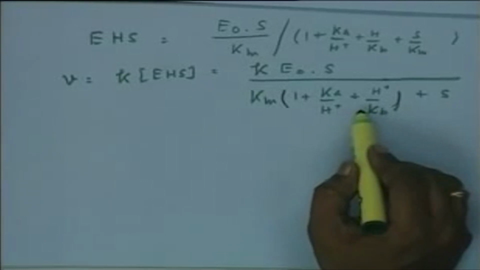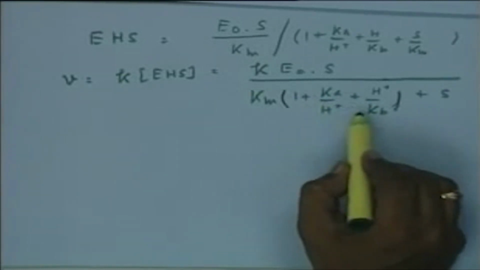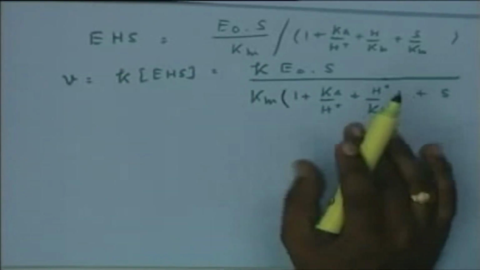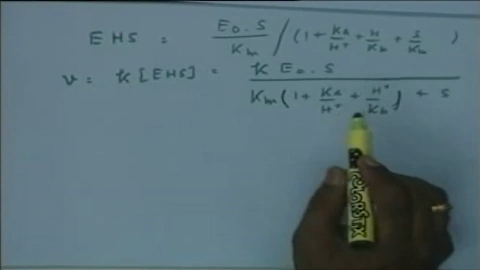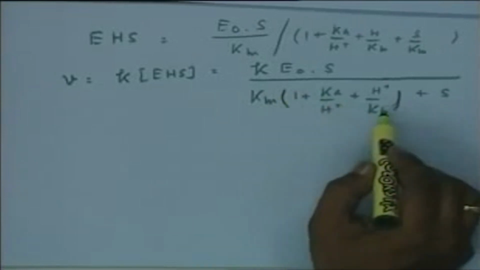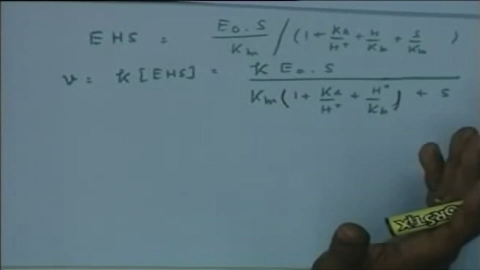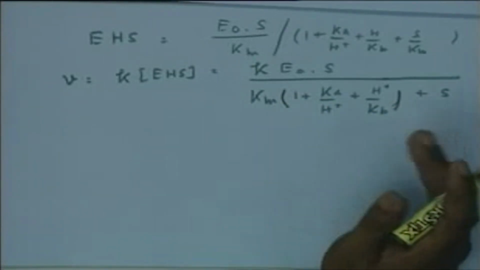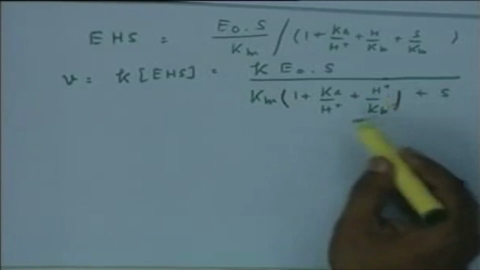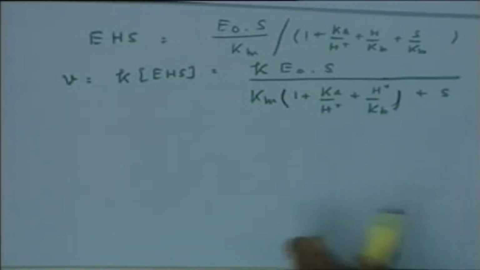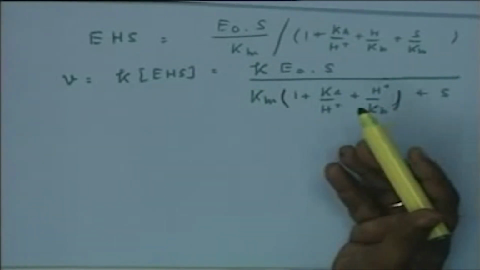The parameter in the parenthesis depicts the effect of pH on the reaction velocity. And essentially, if you consider this, this parameter will pass through a minimum as the hydrogen ion concentration is varied, and you can get the minimum value by simply differentiating it with respect to hydrogen ion concentration.